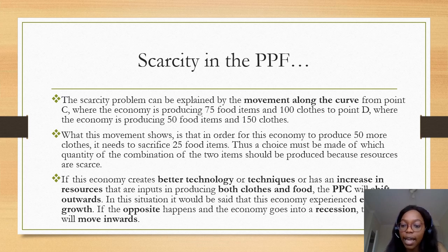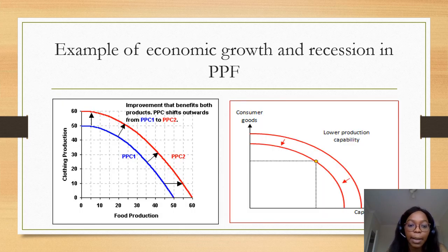In the next slide, I will show you the illustrations. So there we go, moving from the blue curve to the red curve. That's an outward shift. What this represents is economic growth, or an increase in the production of both clothing and food. This can only happen when we relax the assumption that economic conditions remain the same.